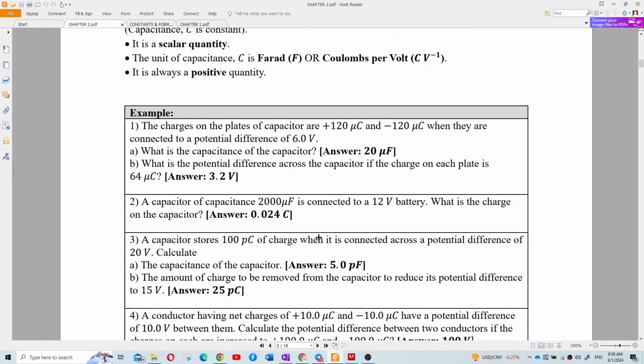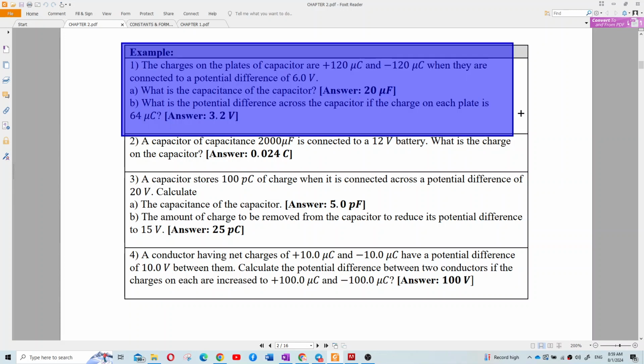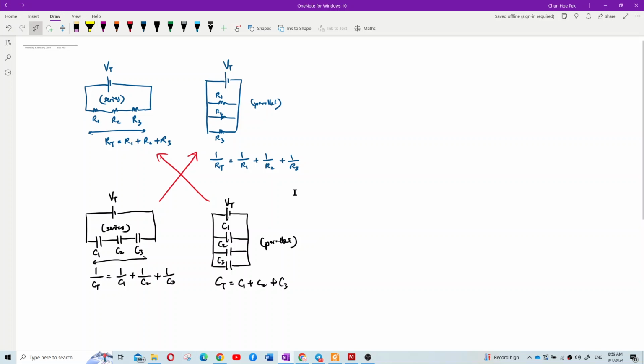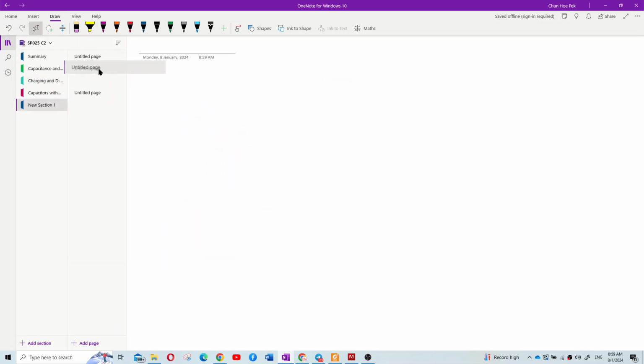What is the charge? I think I start with the first example. I think this is quite easy actually. But never mind, just try. So, easy questions.